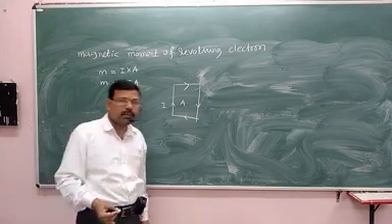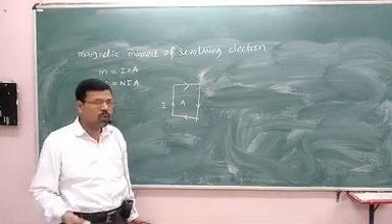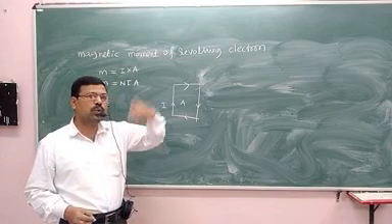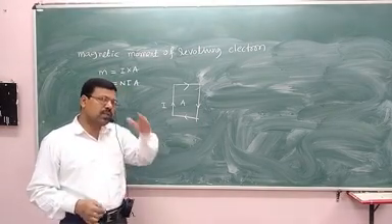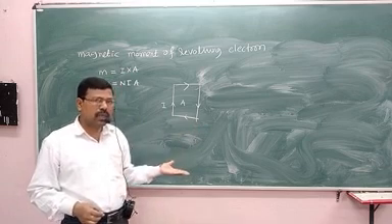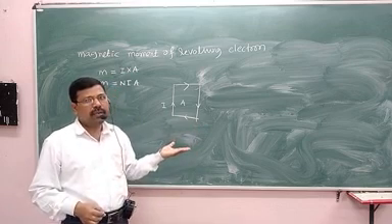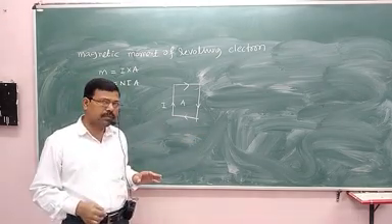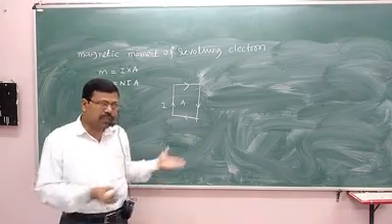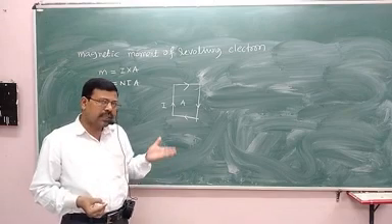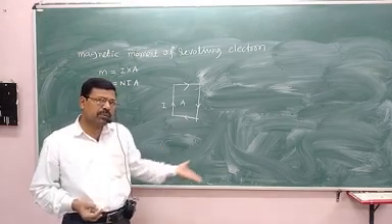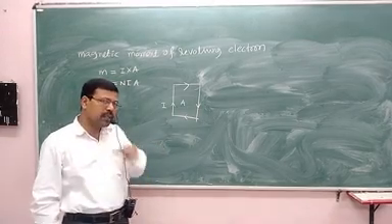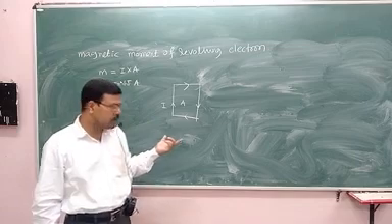Magnetic moment is a vector quantity whose direction is always from south polarity to north polarity, which is just opposite to the direction of magnetic field from north pole to south pole. As we studied in the previous class, the direction of magnetic field is always from north to south, whereas the direction of magnetic moment is from south to north.